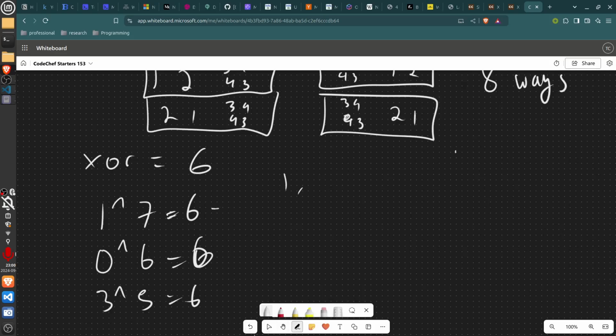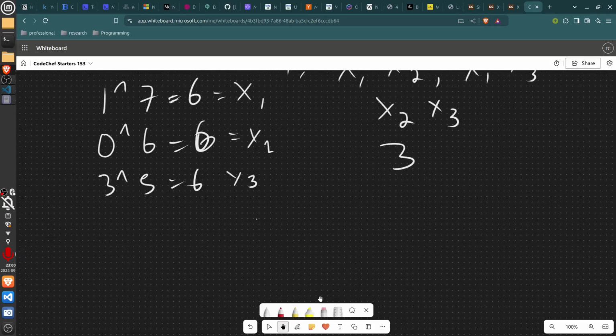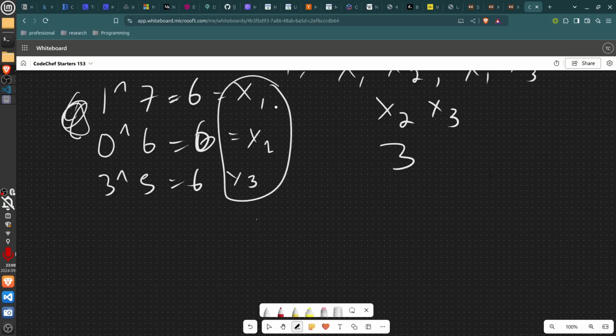Say this is the X1 way, this is the X2 way, this is the X3 way. How many ways can I pair these together? I can pair X1 with X2, X1 with X3, and X2 with X3. So there are 3 ways. So it's basically combinatorics: how many ways can I pick 2 from these pairs of integers with the same XOR?